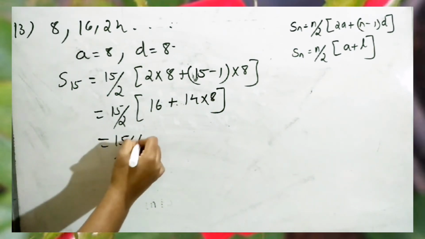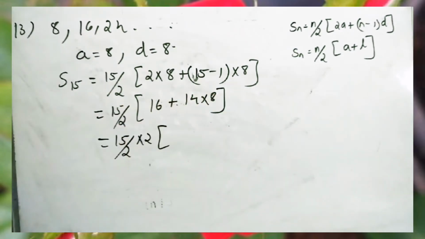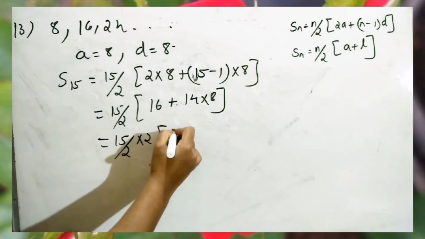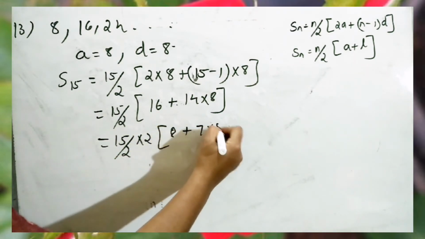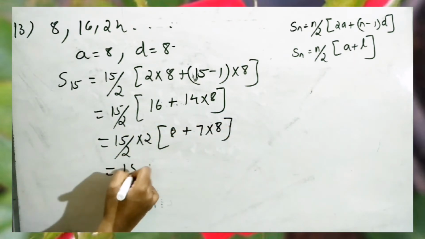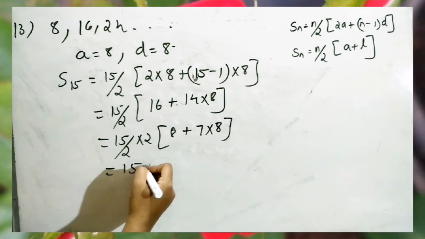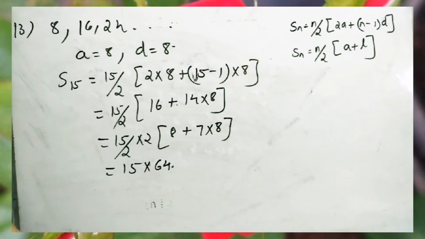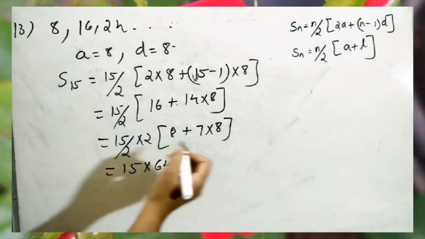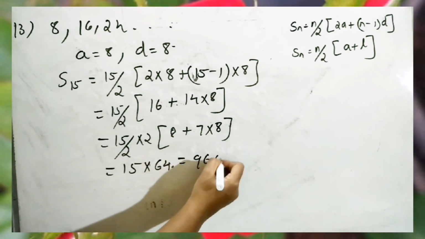Now just take 2 outside from inside the bracket. Then 8 plus 7 into 8. That is equal to 15 into 64. 15 into 64 equal to 960.